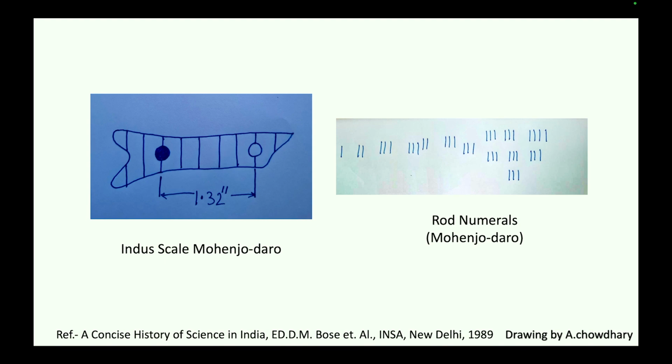We don't have any idea regarding this. But the vertical and horizontal lines like this later survived in Kharosthi and Brahmi numerals as well.